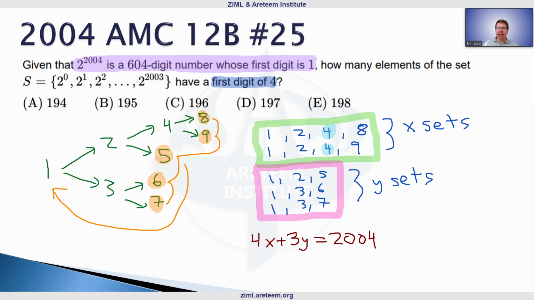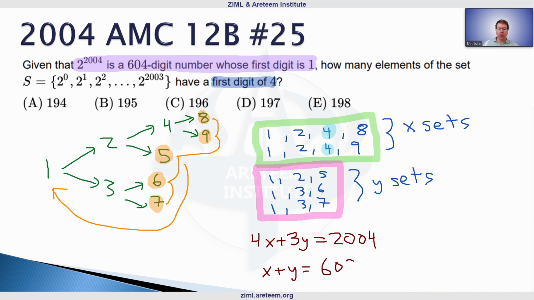And that's actually telling us how many sets we have in total. If 2 to the 2004 is the start of a new set, well, it's the start of the 604th set because it's a 604-digit number, right? Notice anytime we're going back to 1, that's because we're adding a new digit.